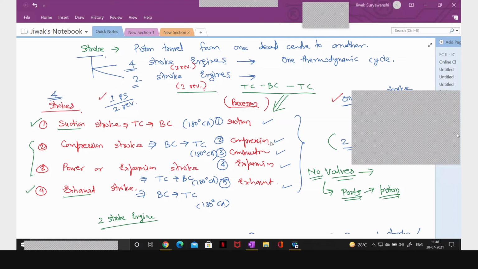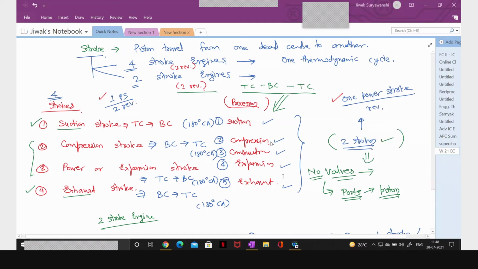Now, if you look at this diagram, for some time both ports are open.